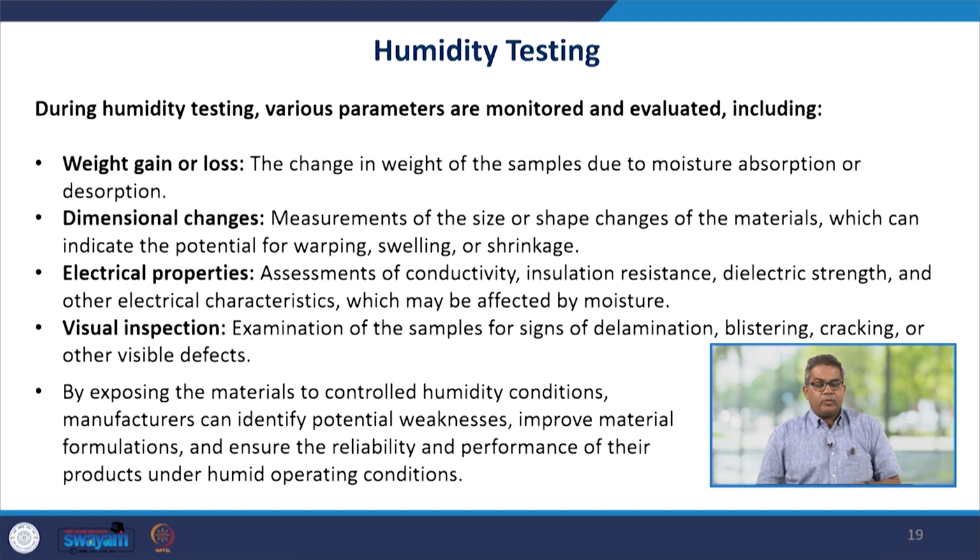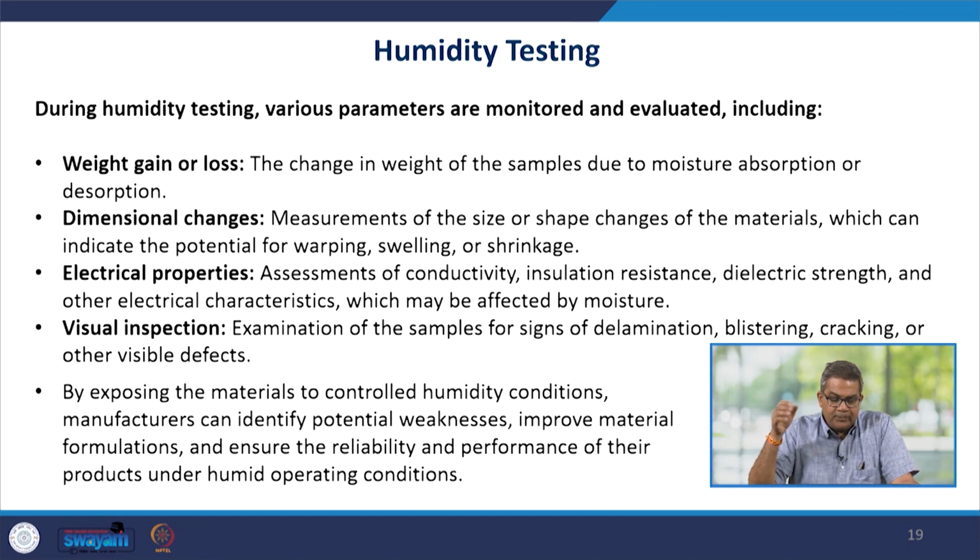Now, during humidity testing, various parameters are monitored and evaluated. This includes the weight gain or loss, the change in the weight of the sample due to moisture absorption or desorption, then dimensional changes, the measurement of the size or shape change of the material, which can indicate the potential of warping, swelling and shrinkage.